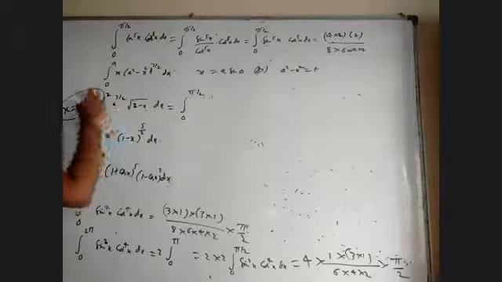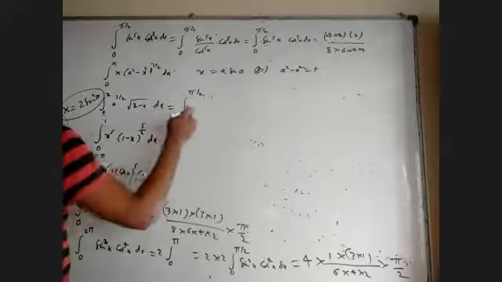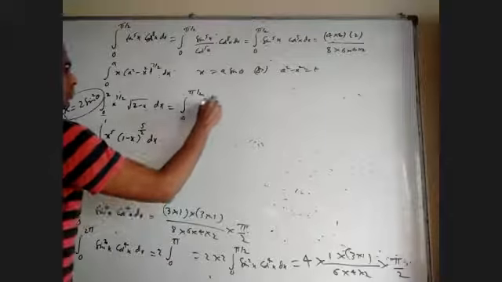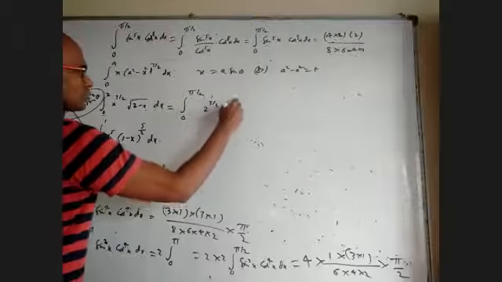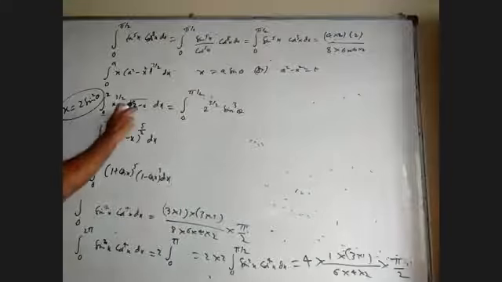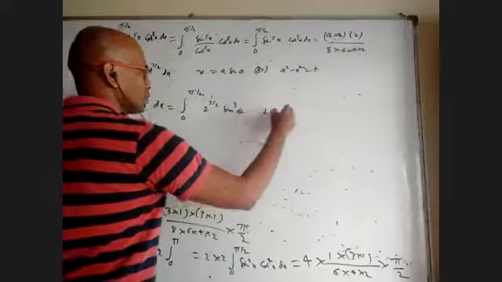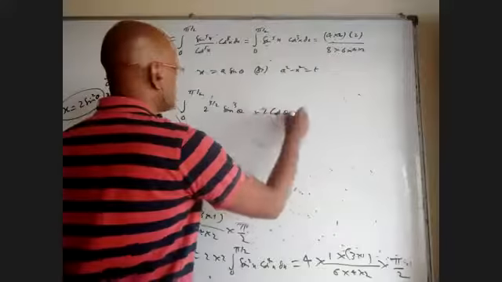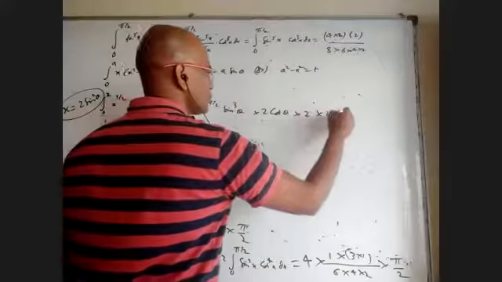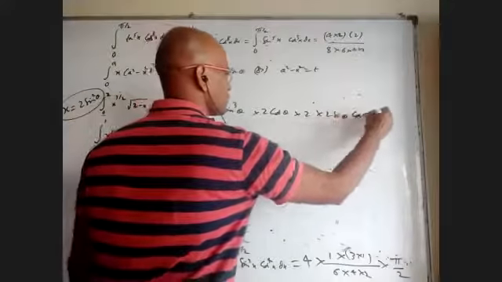X is 2 sine square theta, so x whole power 3 by 2 will be 2 power 3 by 2 sine cube theta. And here when I put 2 sine square, it will be 2 cos theta, because 1 minus sine square is cos. And the derivative is 2 into 2 sine theta cos theta. Limits are 0 to pi by 2, because when theta is 0, x is 0, and when theta is pi by 2, x is 2.